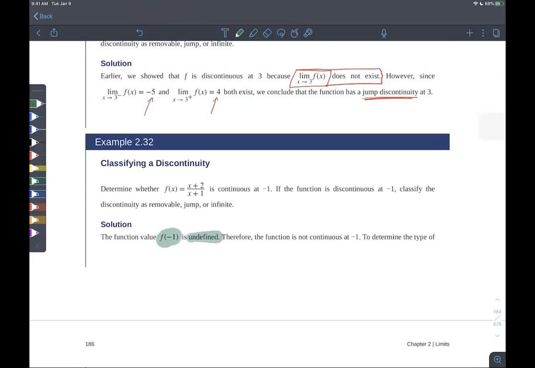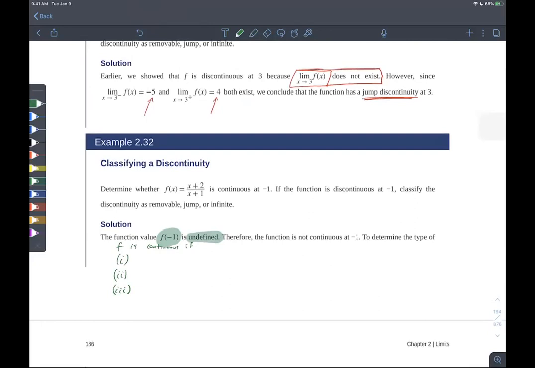Since it is undefined, if you remember the definition of continuity, the definition of continuity had 3 requirements. We had to meet all 3 of these in order for f to be continuous.